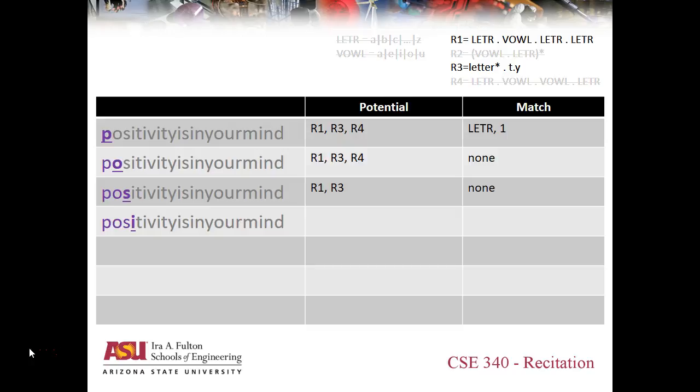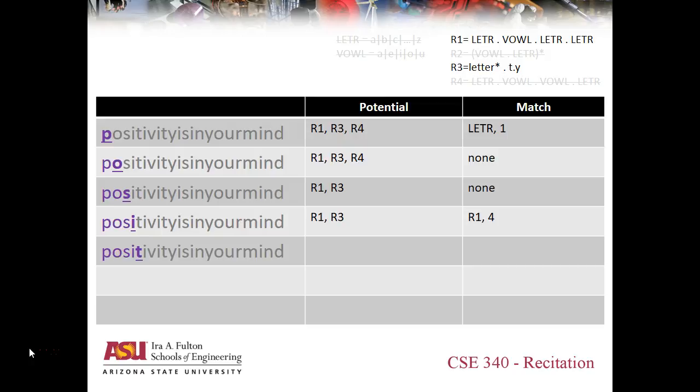All right, we're back. So R1 is a match, and R3 is still there. R1 is no longer potential. There's our first typo of the game. R1 can't be potential anymore. I should have taken it off that one.